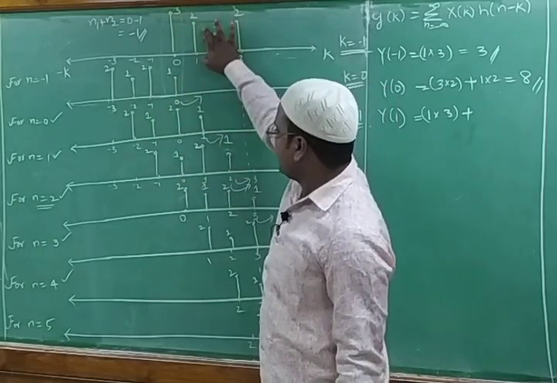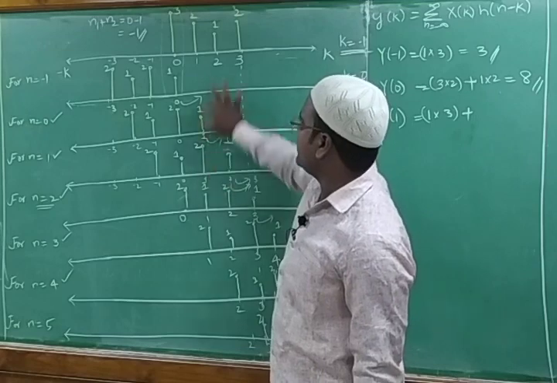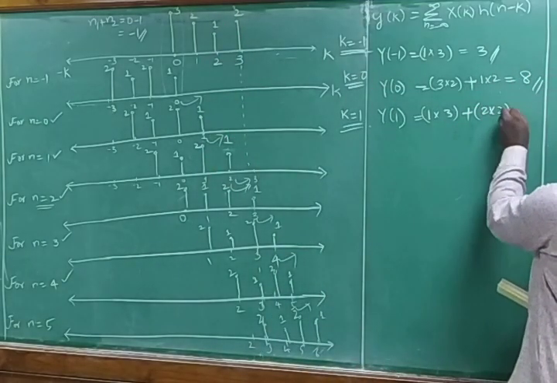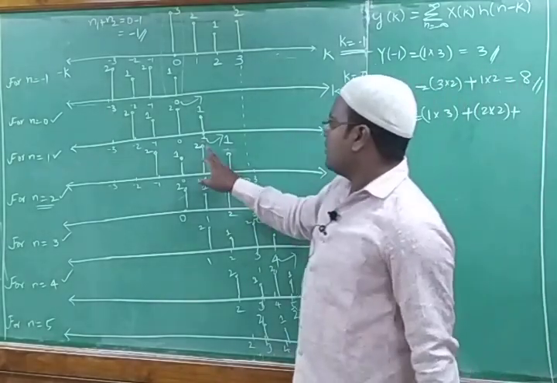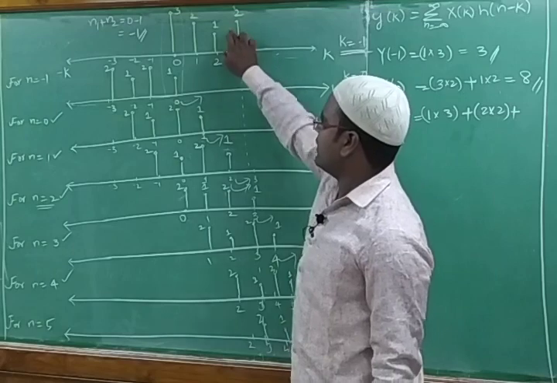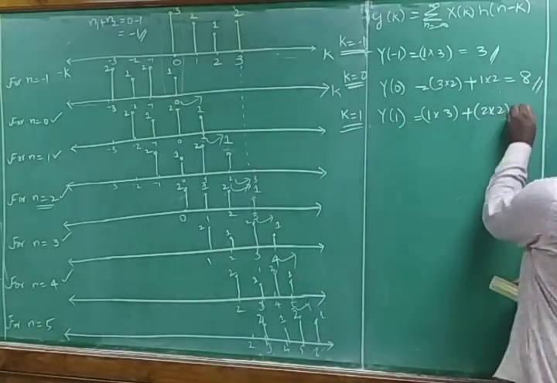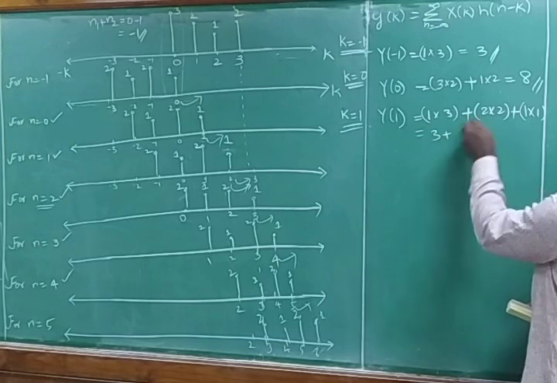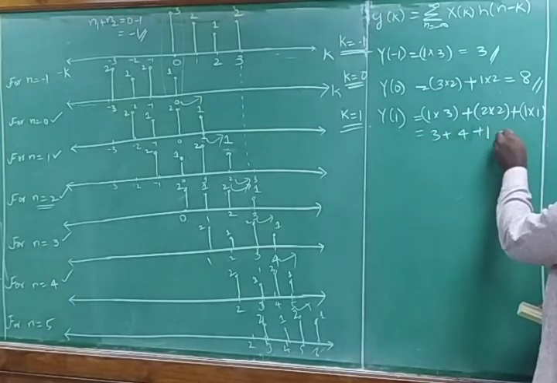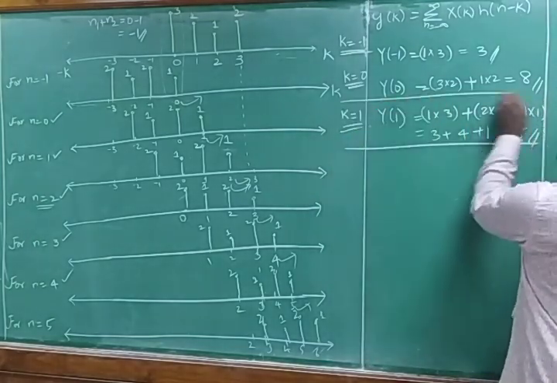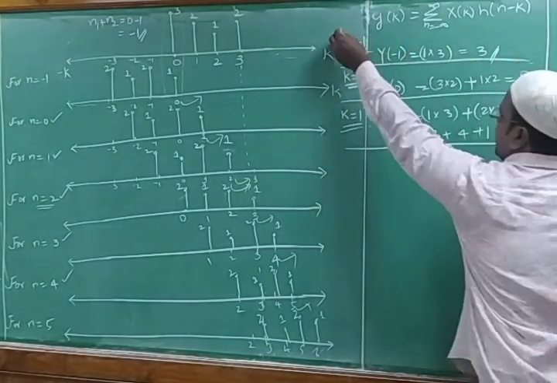Now at 2, at this one, what is 2 into 2? So I can write 2 into 2 plus. Now 2 into 2 is done. Now at 2, what is the value here? 1. At 2, here the value is 1. So we can write 1 into 1. So we got 3 plus 2 twos are 4 plus 1, again we are getting 8. So we found k equals 1, k equals 0, k equals minus 1.